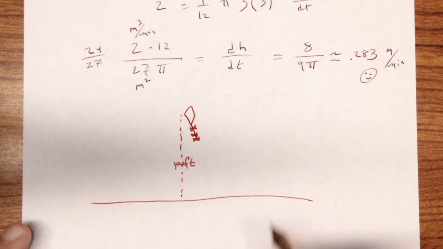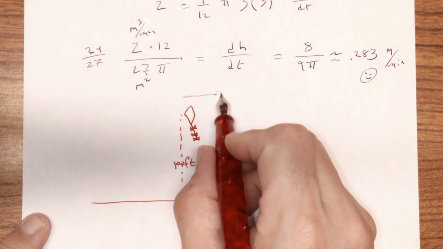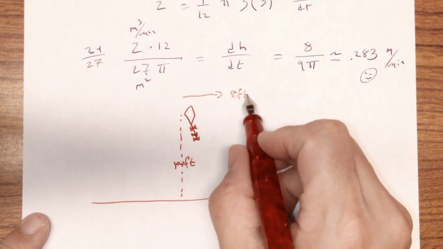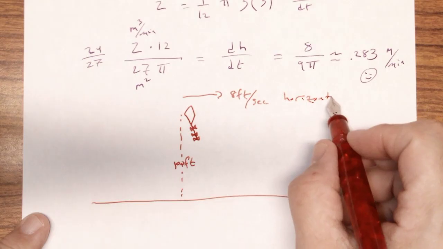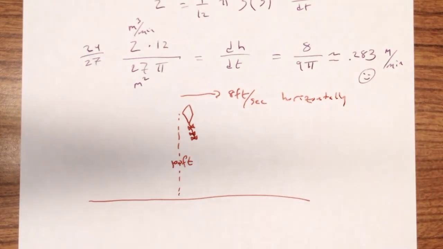Flip a coin. I decided the kite is going to be moving to the right. At what rate is the angle between the string and the horizontal decreasing when 200 feet of string has been let out? That means there's a person on the ground holding the string.